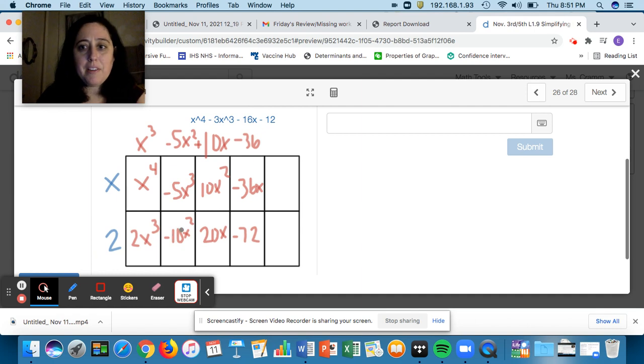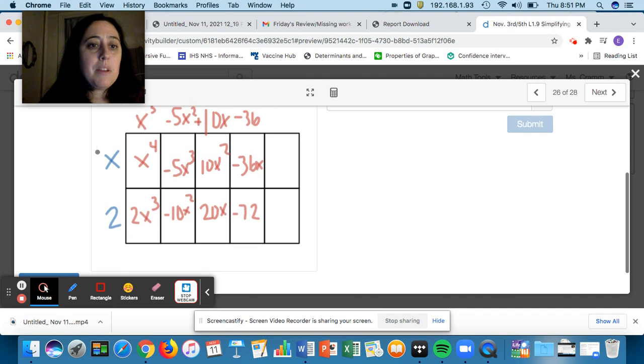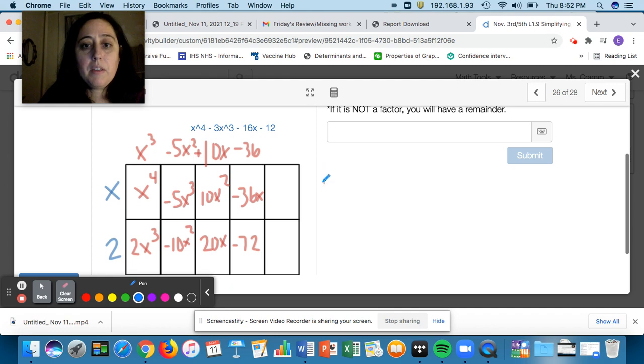Sorry, I paused it by accident. So in this one, if I'm writing it out, this was my original, the x to the fourth. See, here's my original. So I'm just going to write that, and I'm going to divide it by the factor.